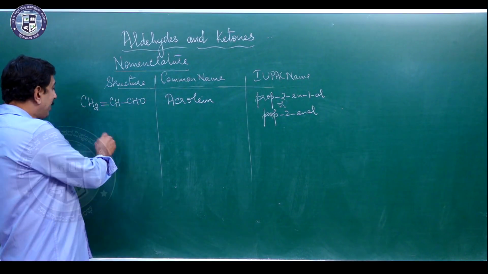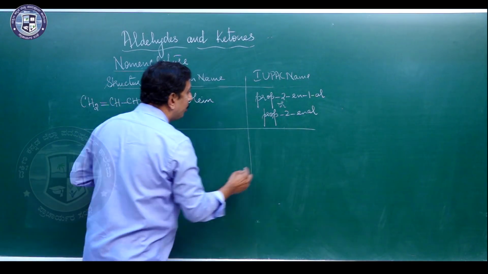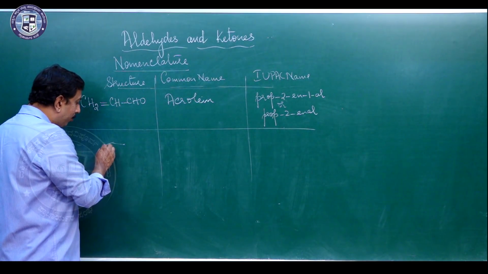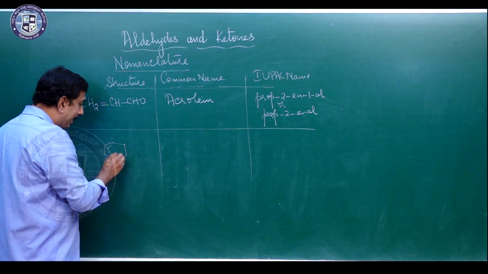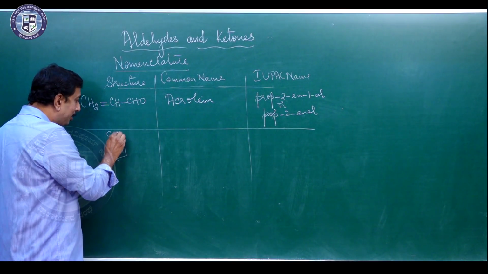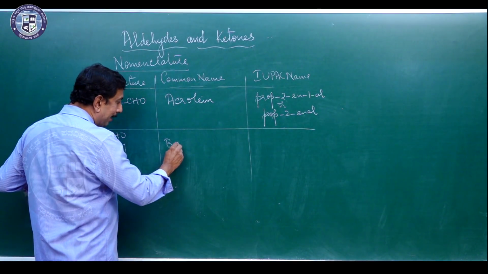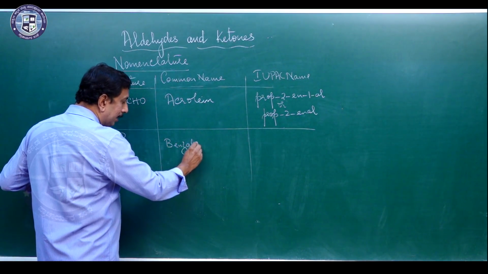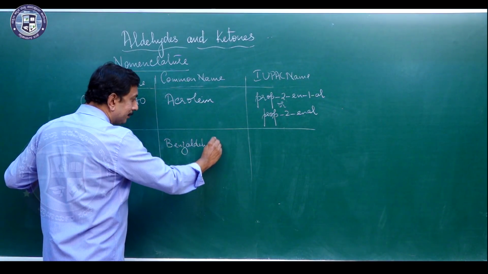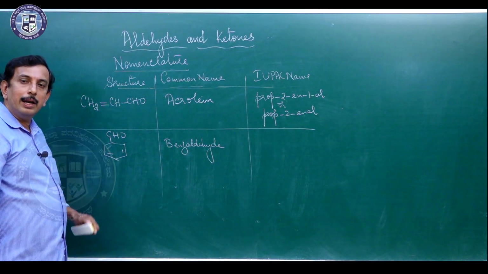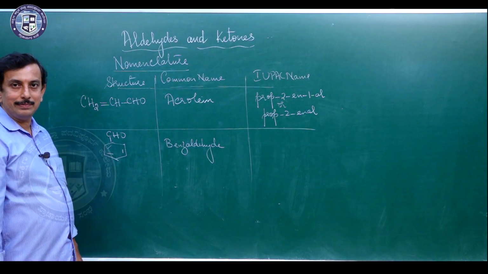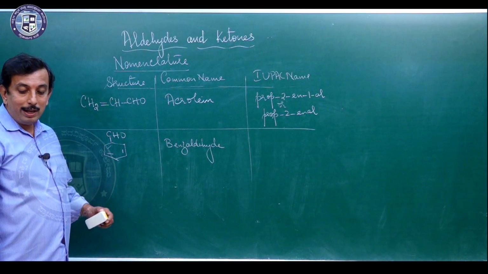Now, suppose if I go with an aromatic aldehyde, as I already told you, it begins with the simplest of the aromatic aldehydes, which is having CHO group attached directly to the benzene ring. And this aldehyde, as I already called it, is benzaldehyde. That is the common name. Now, what is the IUPAC name?